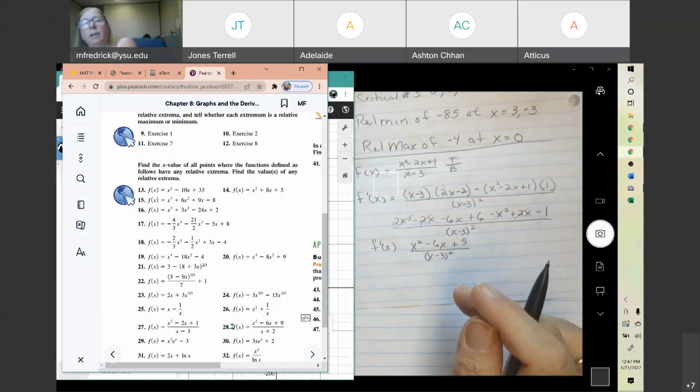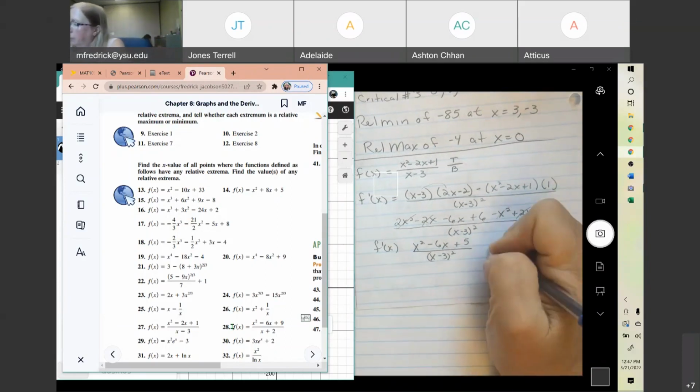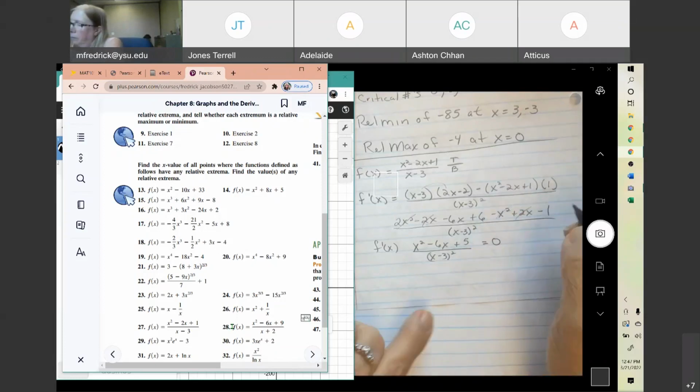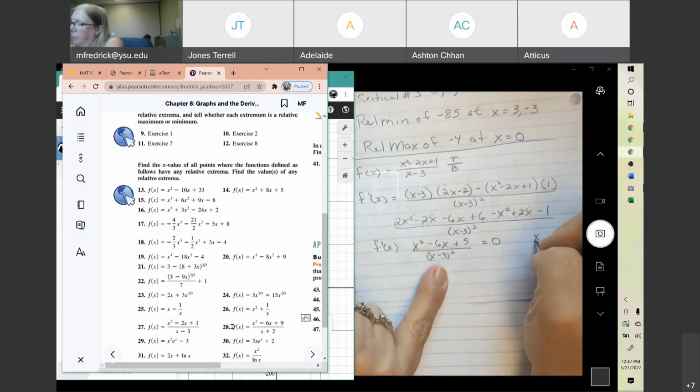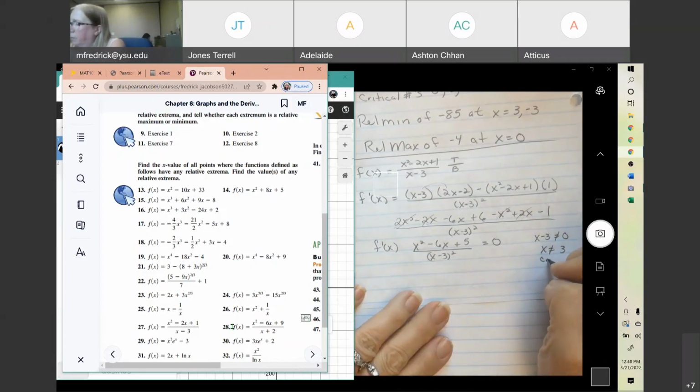So that's our derivative. Now to find the critical numbers, remember you set it equal to 0. When you have a fraction and you set it equal to 0, the denominator cannot equal 0. So we know that x minus 3 cannot equal 0, which means x cannot equal 3. This is a critical number.